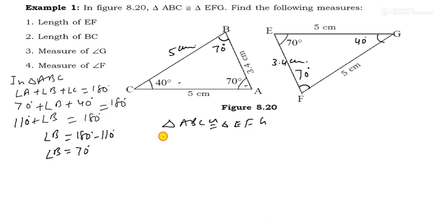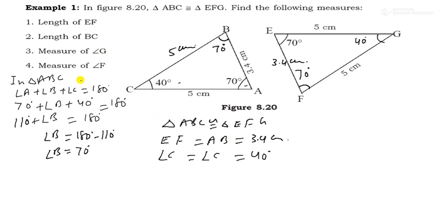So you can say here EF is equal to AB and AB is 3.4 centimeter. Angle B is 70 degrees. We want to find angle G. Where is angle G? This one. So angle G is equal to angle C and that is 40 degrees.